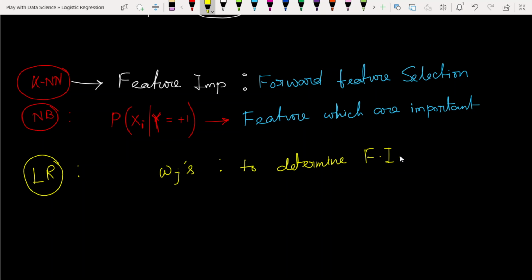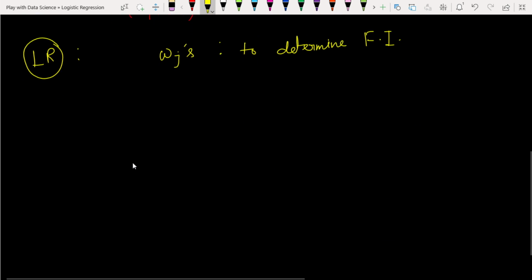So in KNN we find important features by using forward or backward feature selection. In Gaussian naive Bayes, we use the probability concept. Here in logistic regression we use the components of the weight vector W to determine the important features.